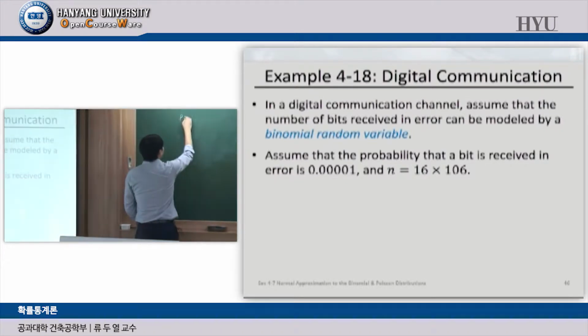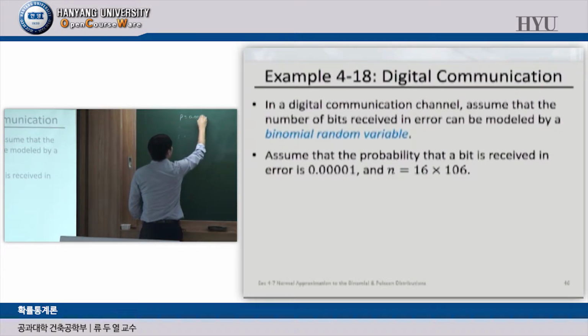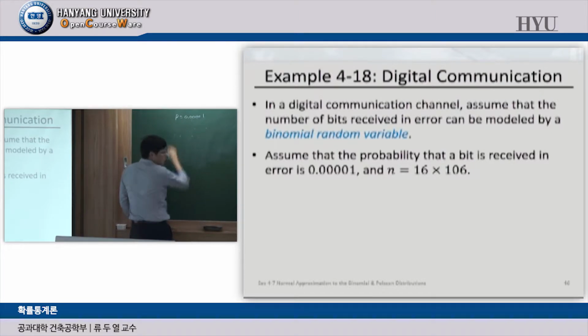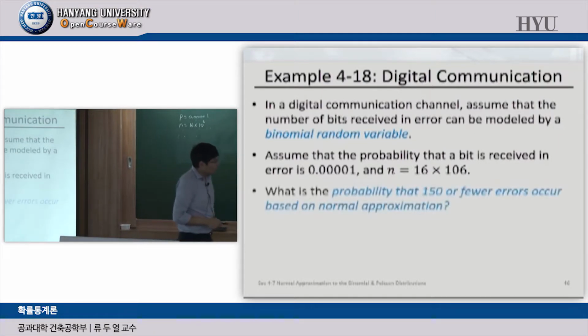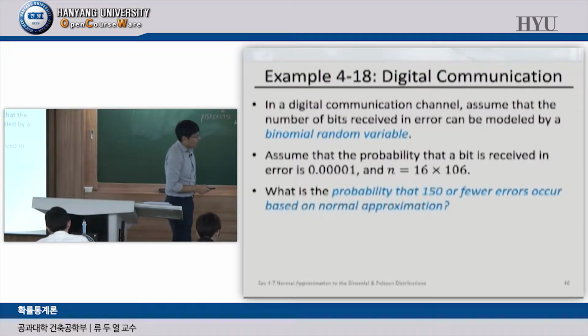So in this case, p is equal to 0.00001 and n is 16 by 10 to 6th power, okay? In this case, what is the probability that 150 or fewer errors occur based on the normal approximation? That is the question.